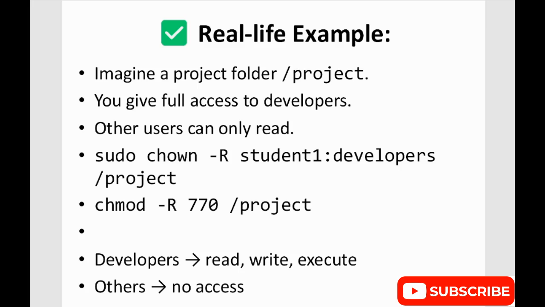If you are aware of these permissions, then you can use the number 770 and accordingly, access will be provided to the student1 user. Developers can read, write, and execute, and others have no access. I hope this is clear.